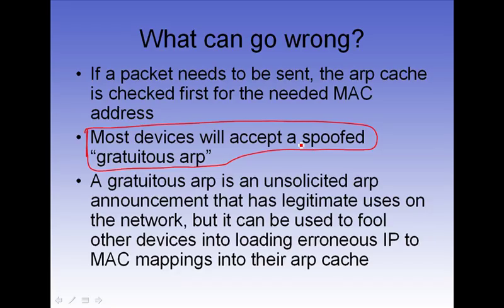Up here I say most devices will accept a spoofed gratuitous ARP. Anytime you see the word spoof, you can think, okay, somebody is lying, pretending to be something they're not. So the way a gratuitous ARP works, if your computer is sitting there minding its own business on the network, and another computer sends it an ARP packet that says basically IP number XYZ is at this particular MAC address, your computer will very happily take that information and put it in its ARP cache.